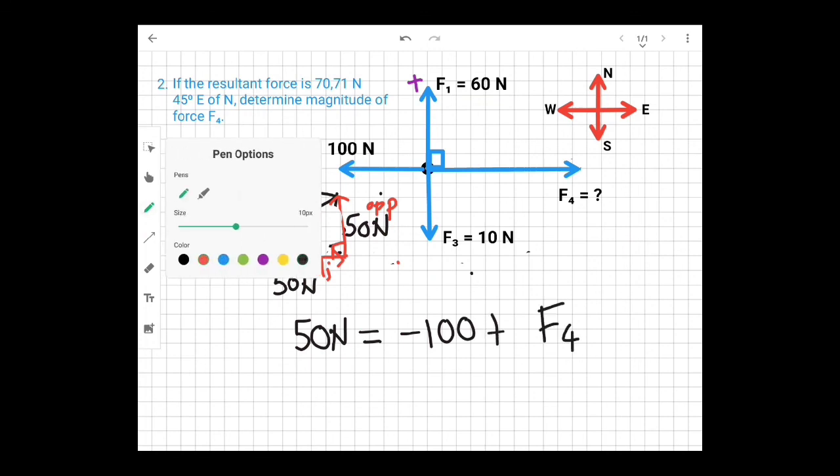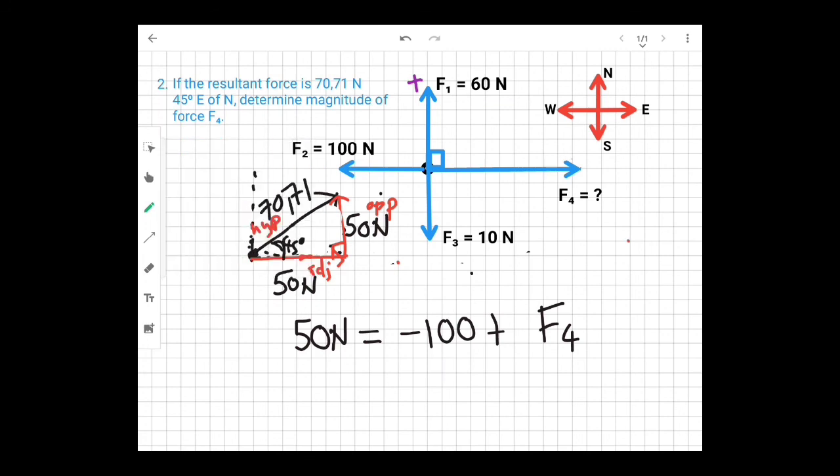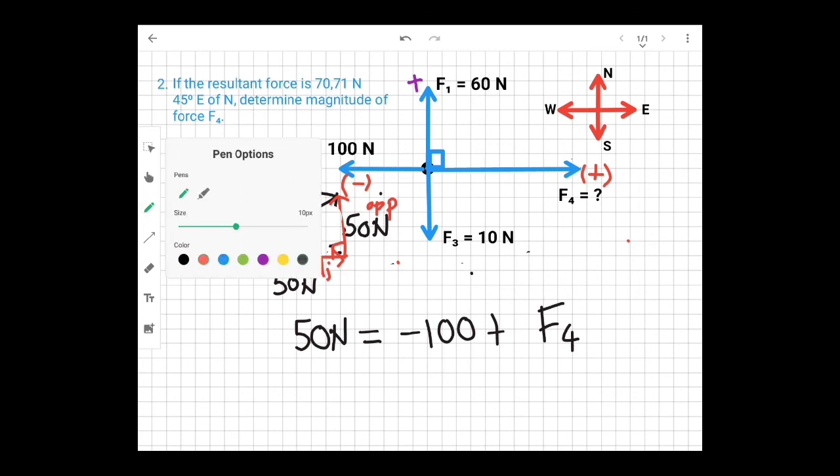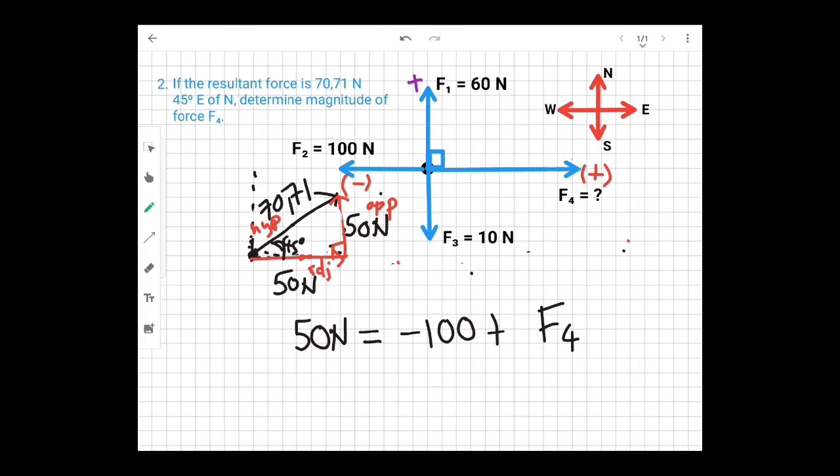Again, why is the 100 newtons being made a negative? Because it's going in the negative direction. The positive direction is to the right. Okay. And then, from then on, it's an issue of adding 100 to both sides to get rid of the negative 100. You get 150 newtons is equal to F4.